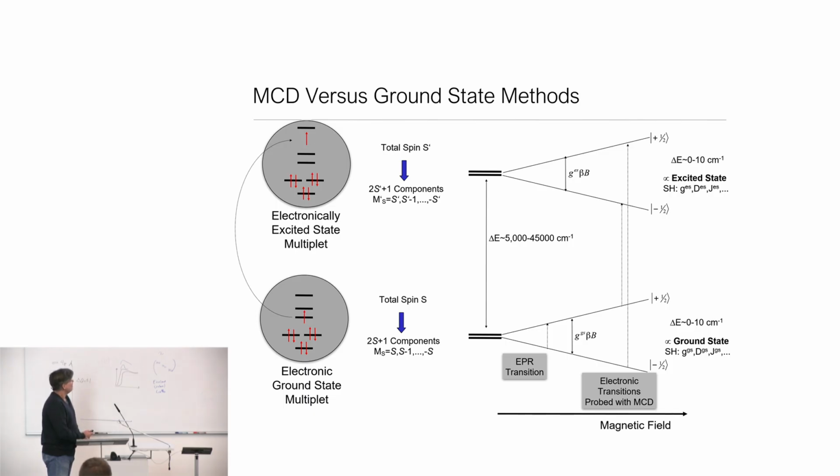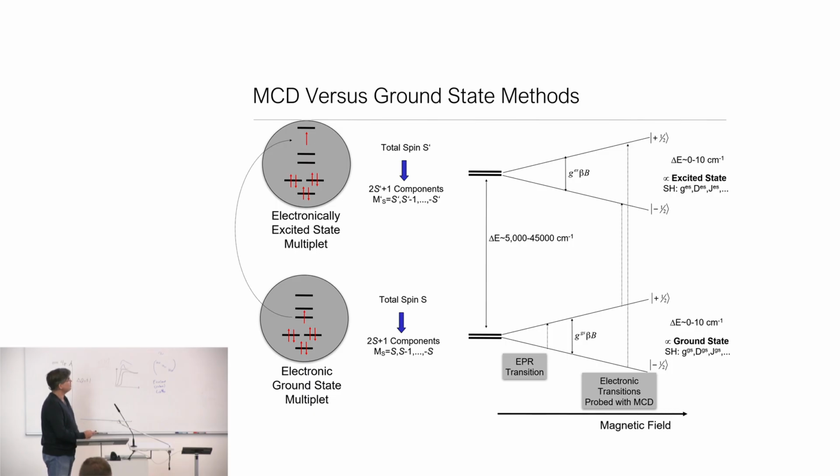Yeah. And now once you start turning on a magnetic field, then these magnetic sublevels will start to diverge, and these splittings here are probed then by EPR spectroscopy and ENDOR spectroscopy and everything. The transition between the electronic states, that is many orders of magnitude higher in photon energy, that is probed by absorption spectroscopy.